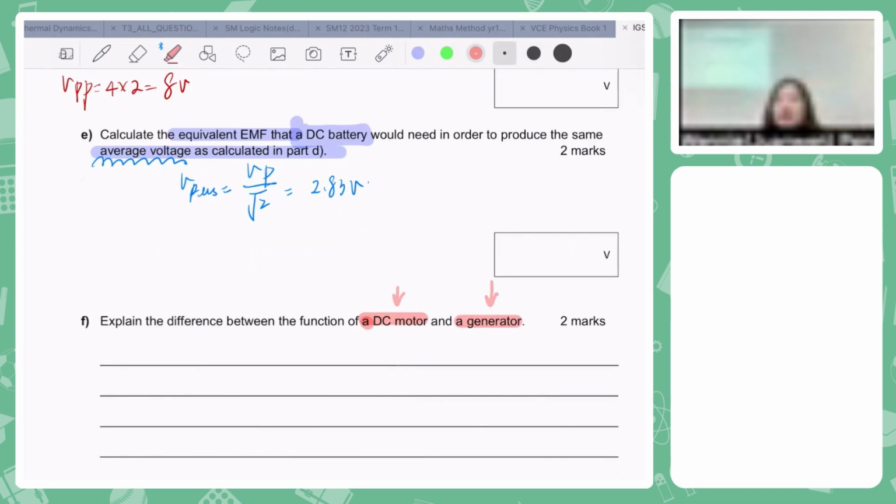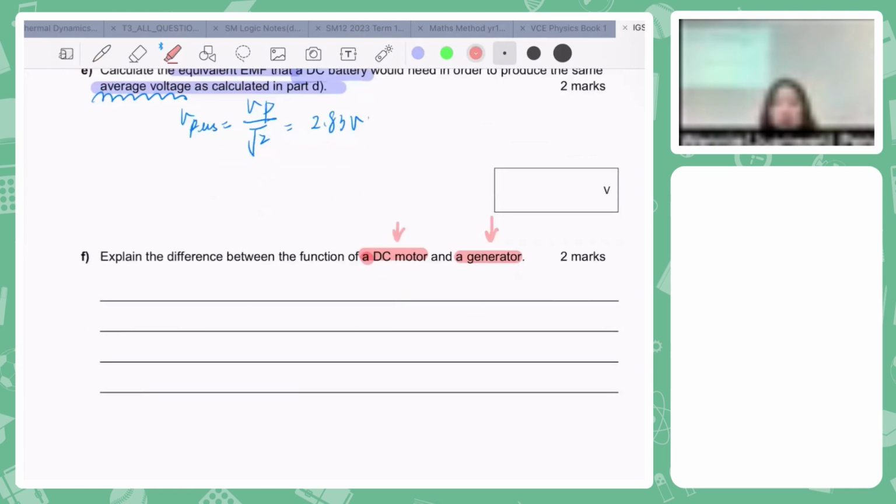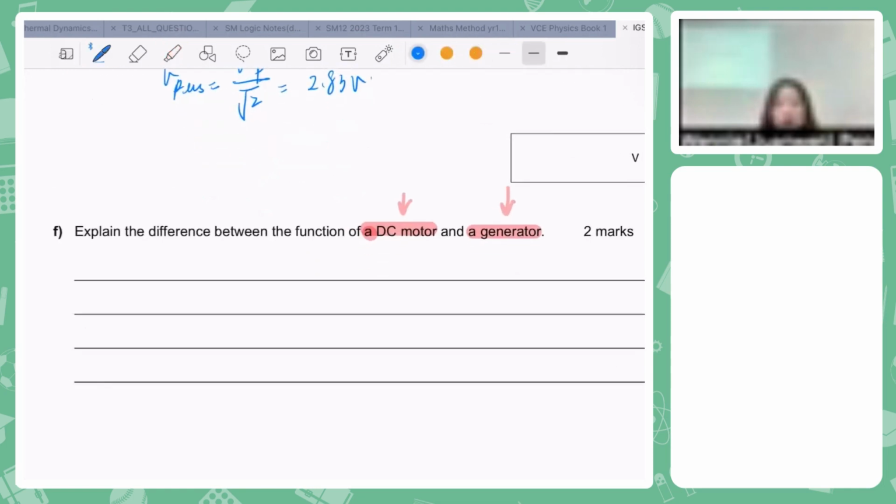It's okay. You guys will say my DC motor is something that uses electrical energy into kinetic energy. And the generator is using kinetic energy back to electric energy.